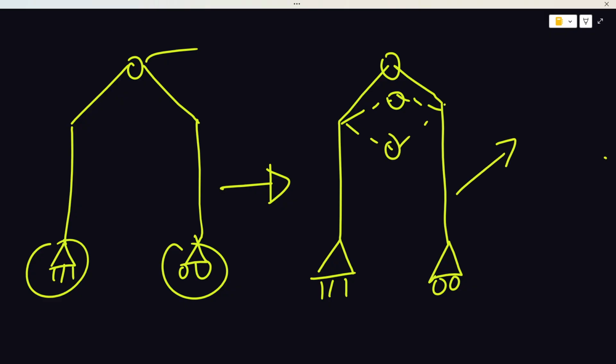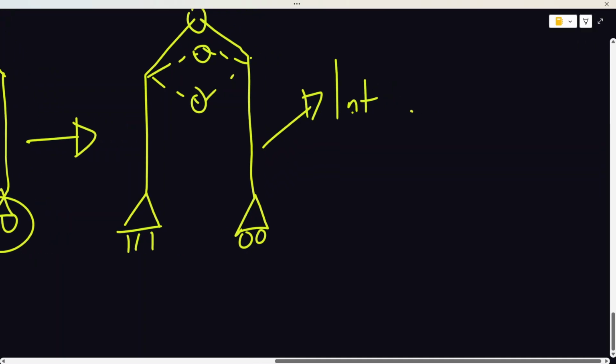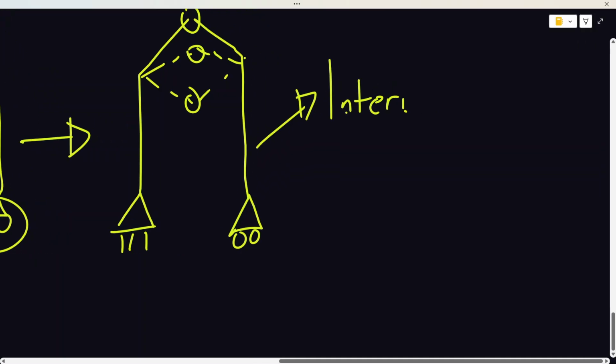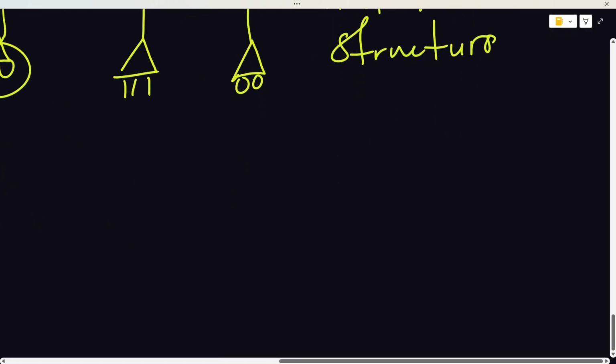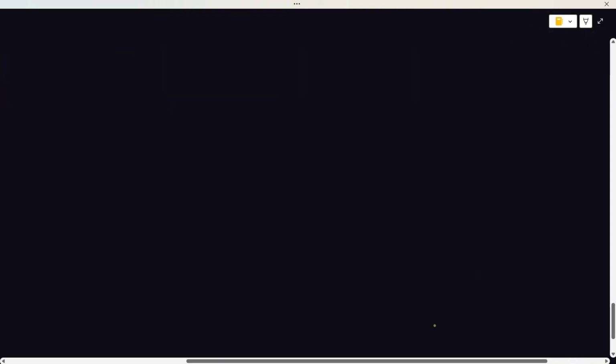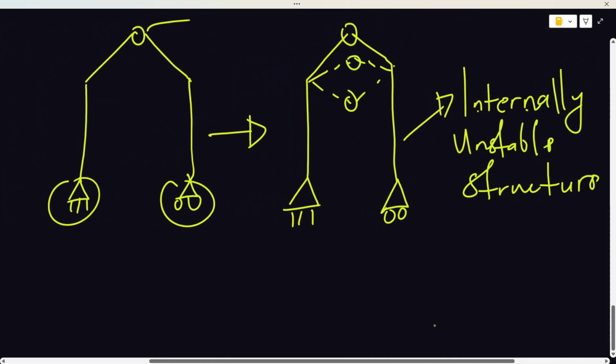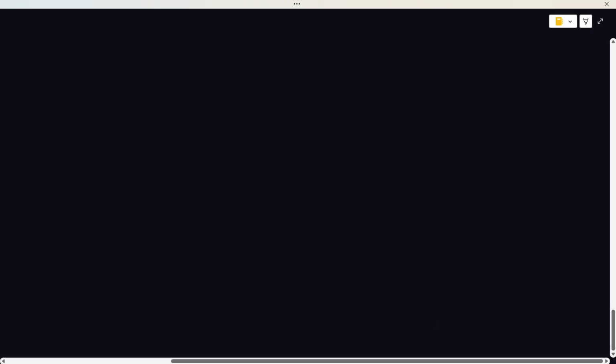So this is considered an internally unstable structure.